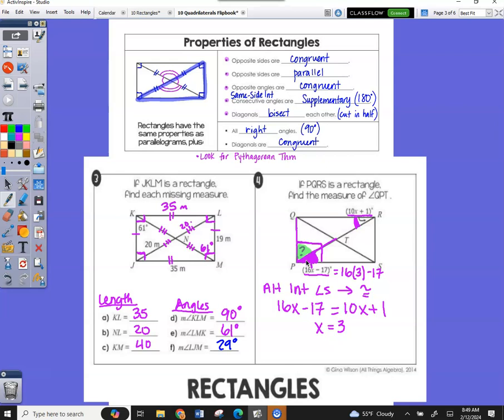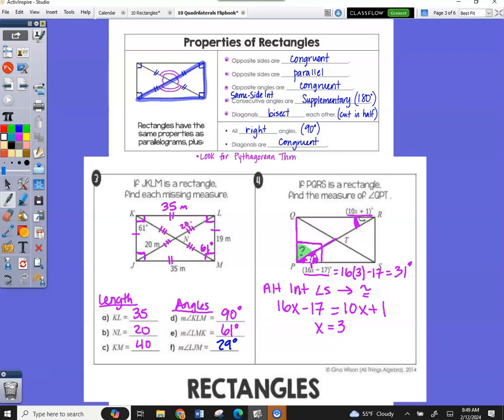So we plugged x in and we got 31. Right? Did you get 31? Okay, all right, so this is 31. But we want green. This is the outside, right? Yeah, it's right here.